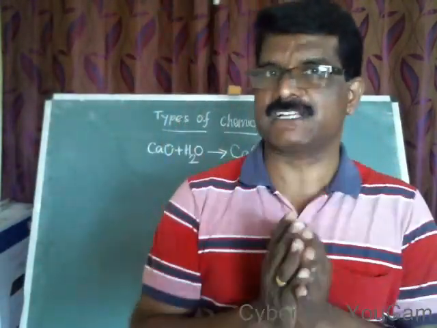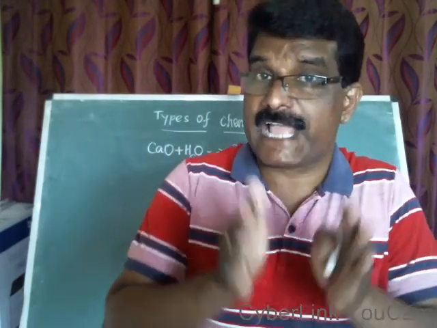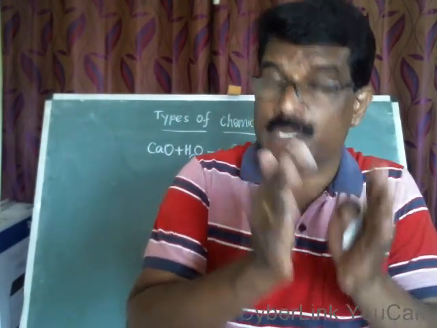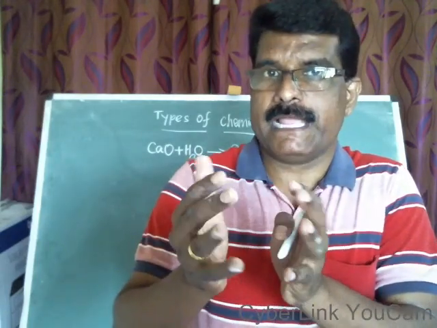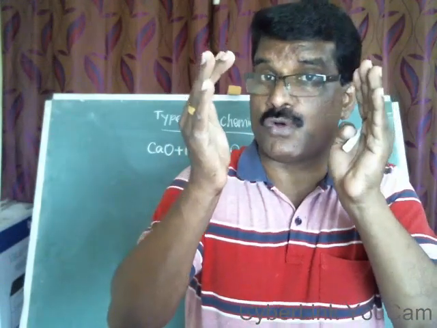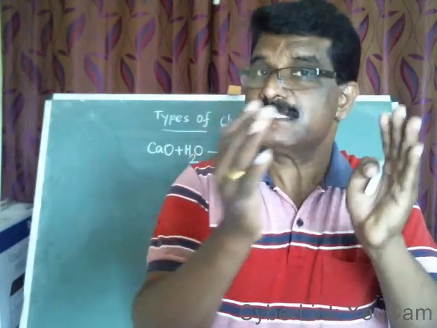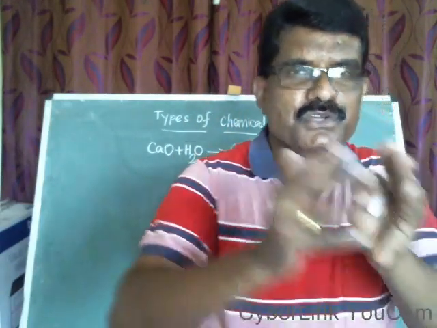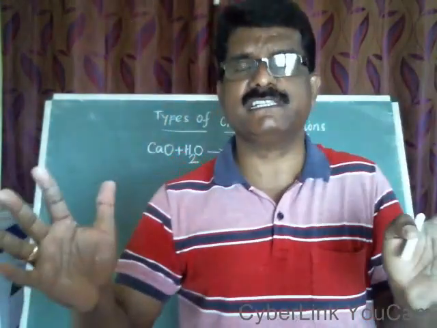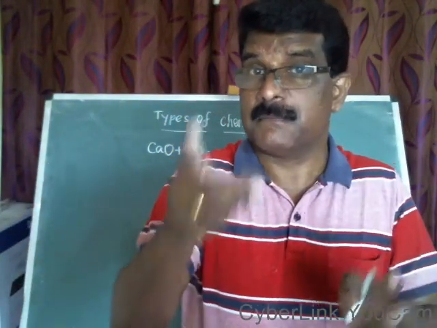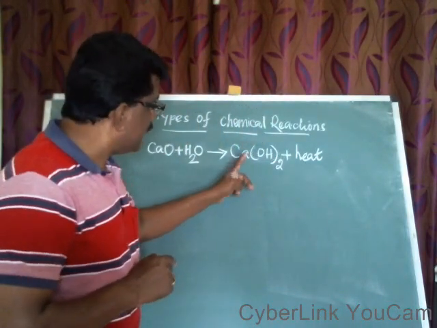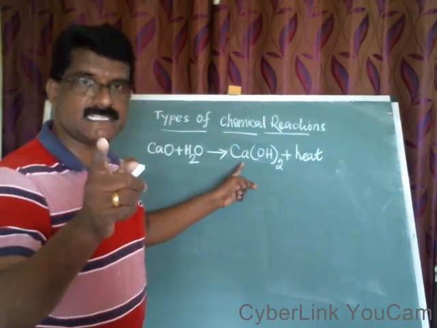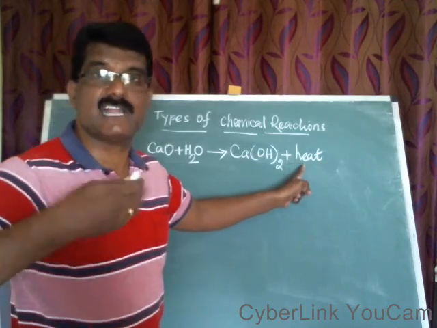The first reaction, the reaction between quicklime, calcium oxide, and water, I told you is a chemical combination reaction, because two substances joined to produce a single product. But you have to see, in this particular reaction, along with calcium hydroxide, slaked lime, heat is also released.